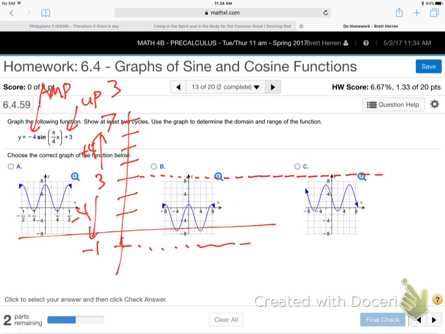And put your dotted lines. And we've got a window, almost, for our sine graph. Now find the period. We've got the bottom, middle, and top. Can you find the period?